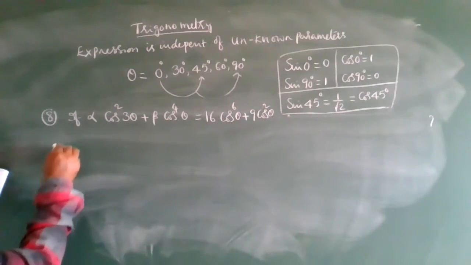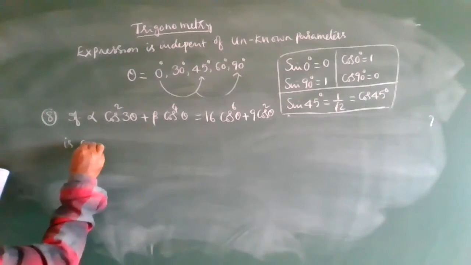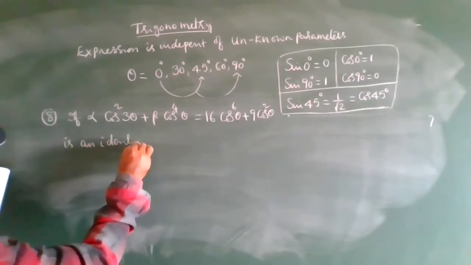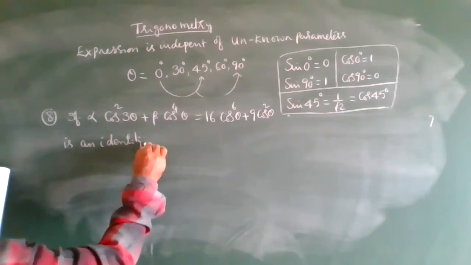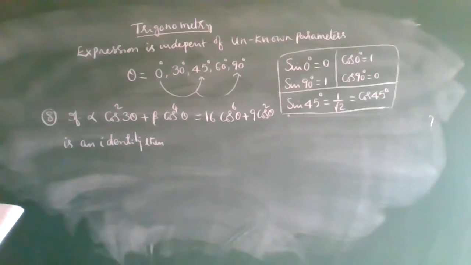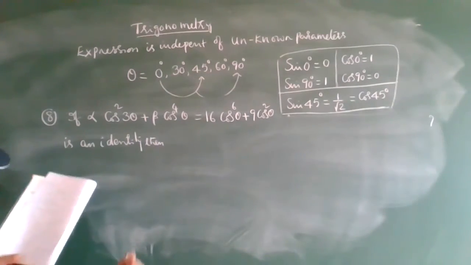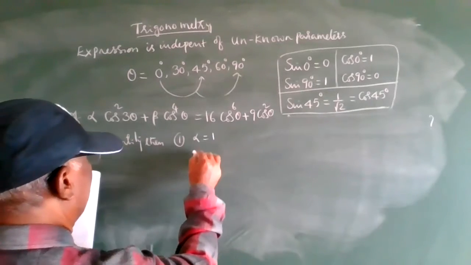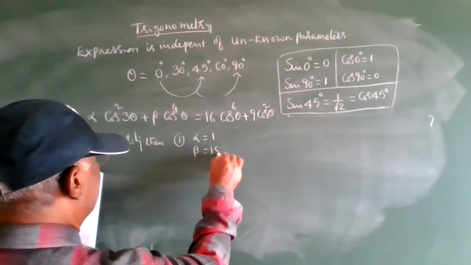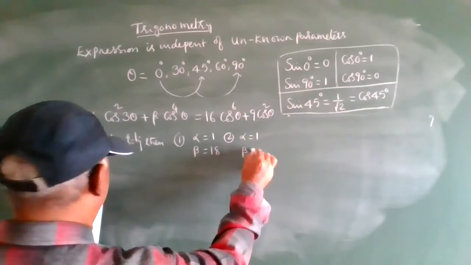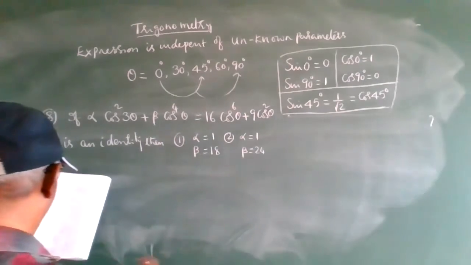This is an identity, then the value is, okay? Then alpha value and beta value are required. The options are: alpha is 1, beta is equal to 24.